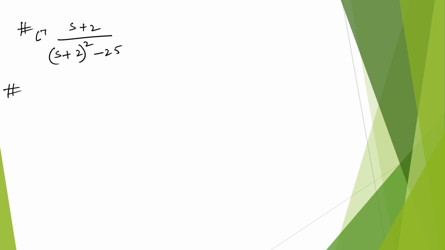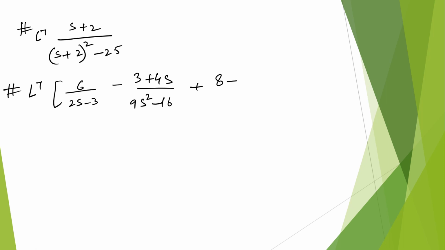Second is find the Laplace inverse of 6 by (2s minus 3) minus (3 plus 4s) over (9s square minus 16) plus (8 minus 6s) over (16s square plus 9).